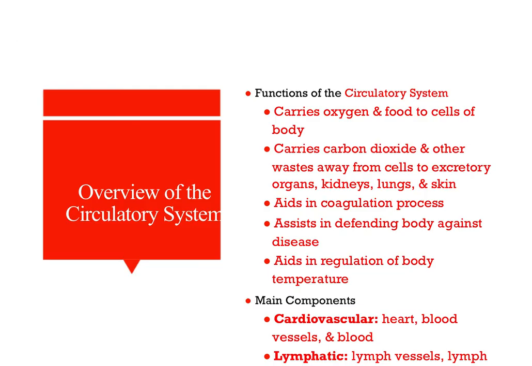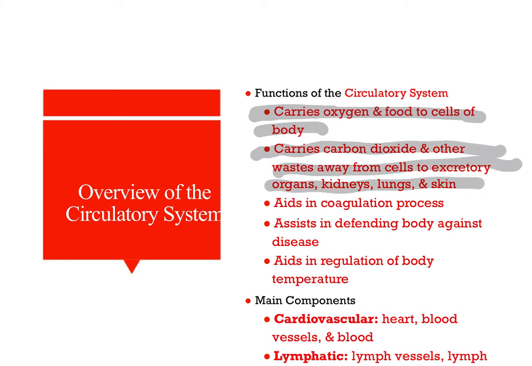Okay. So, an overview of the circulatory system. The circulatory system, its main function is to carry oxygen and food to cells of the body. Okay, you need to know that. That's important. Okay, it carries carbon dioxide and waste from the cells to the excretory organs.